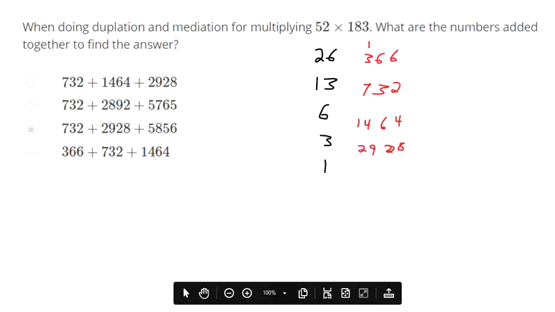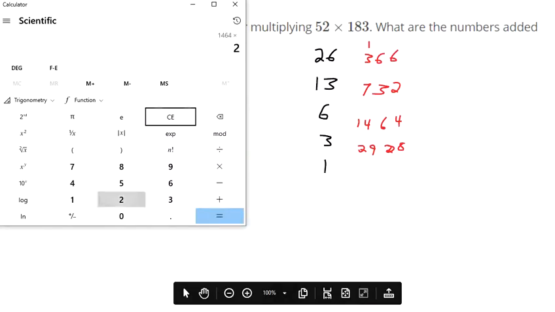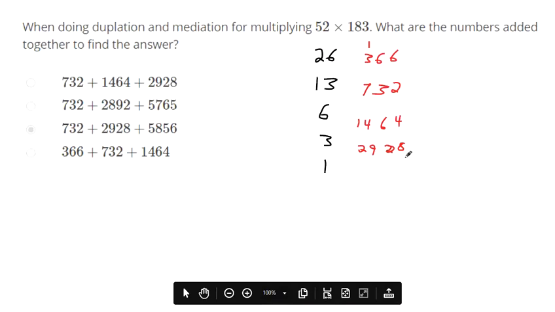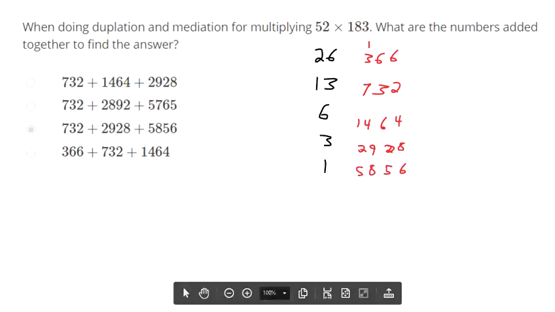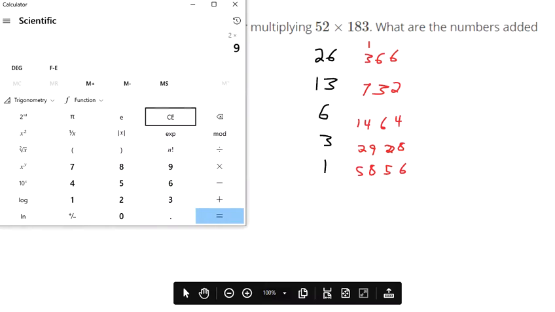Let me double check that one because I was hesitant. Yep. And then multiply that number once more by 2 until we finish out this rectangle of information that we're making. I'll double check that just to make sure I don't mess anything up.